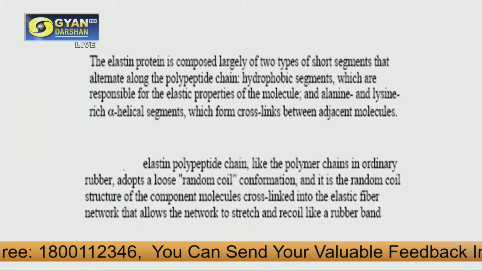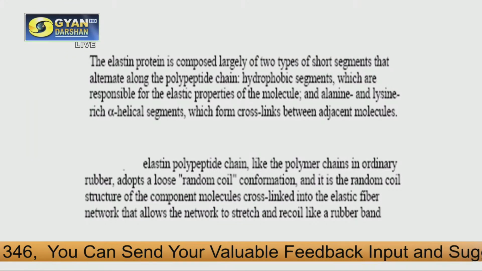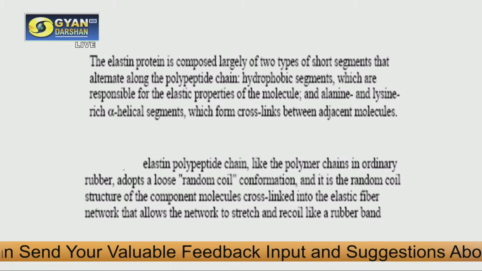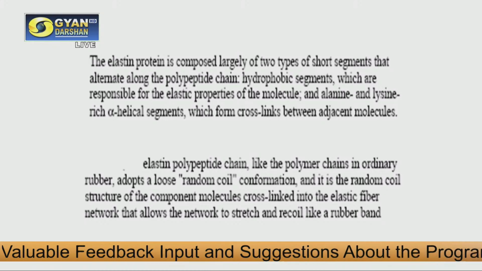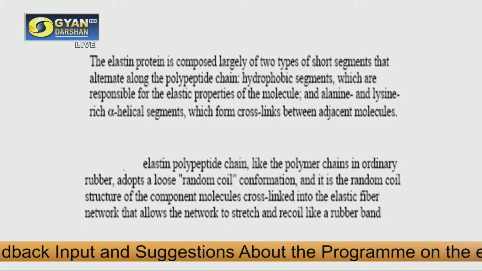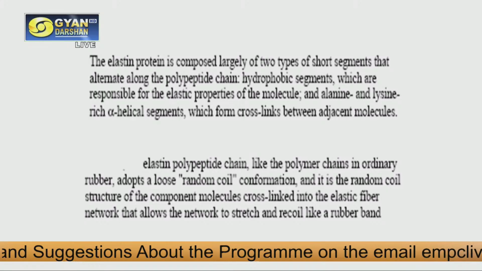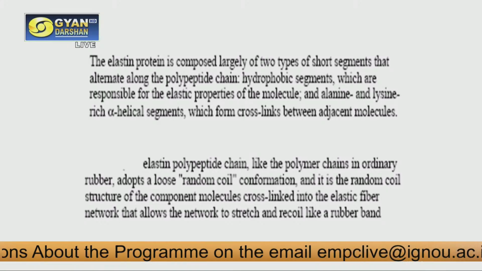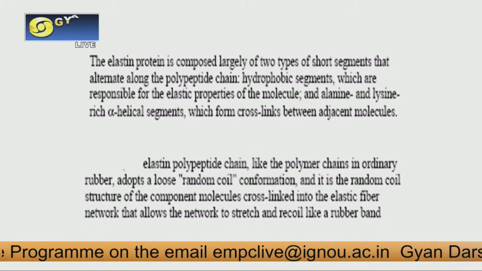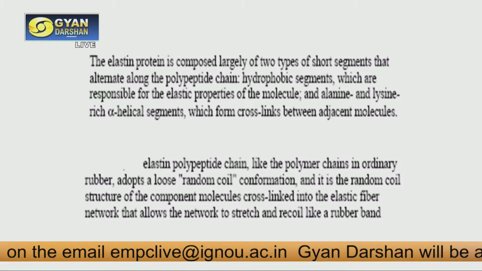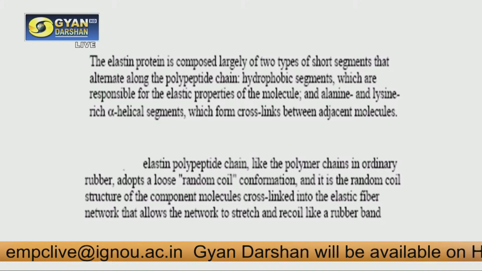The elastin protein is composed largely of two types of short segments that alternate along the polypeptide chain: the hydrophobic segments, which are responsible for the elastic properties of the molecule, and alanine and lysine rich alpha helical segments, which form crosslinks between adjacent molecules. So, what are these crosslinks made up of?